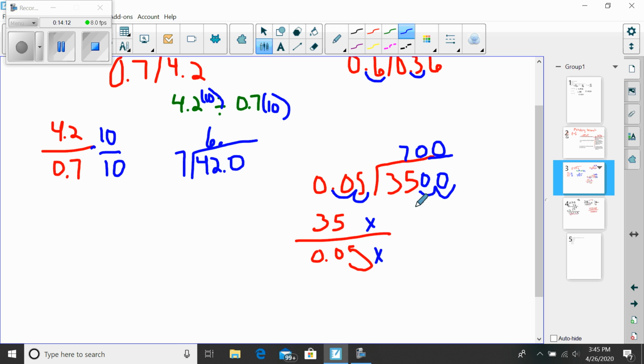This changes the appearance and not the value, because when I multiply by 100 over 100, this new division problem, I just changed the problem to 5 goes into 3,500. This has the same result as it did before I moved the decimal, because all I did is multiply by 1, or I could think of that as applying the law of equal quotients.